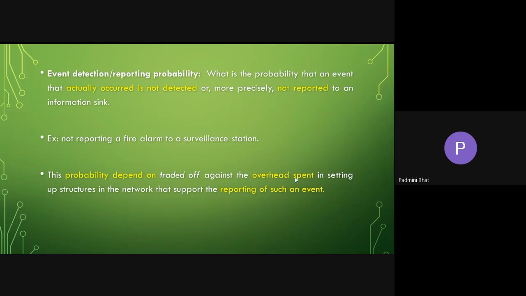This is against the overhead spent in setting up structures in the network that support the reporting of such an event. That means, maybe we have spent 10 lakhs to put the sensor nodes in that forest region, to safeguard the lives of the village.